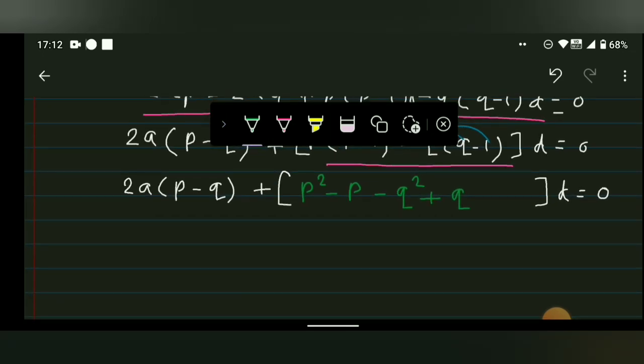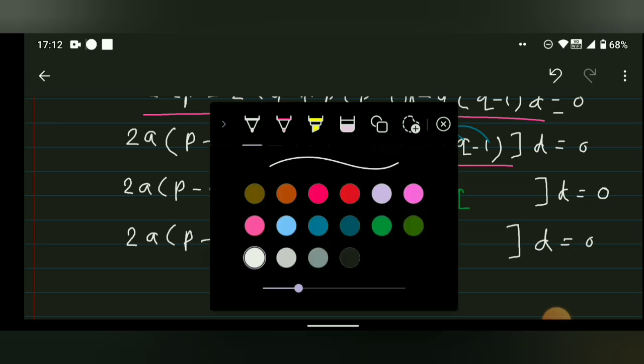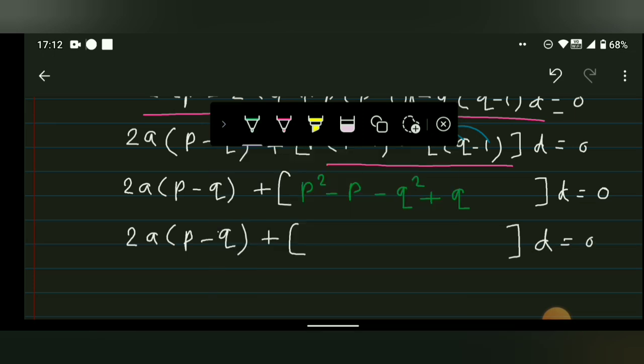Okay, so now further we can have 2a plus (p minus q) remains as it is, plus again we are having a very similar kind of assumption. We are having the bracket, and now our job is to perform the operations inside the bracket.